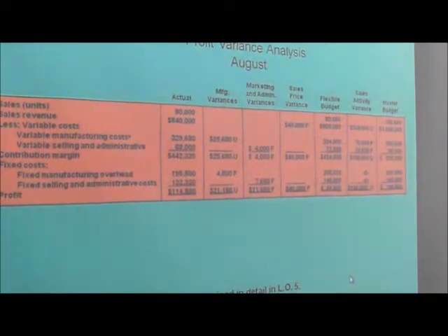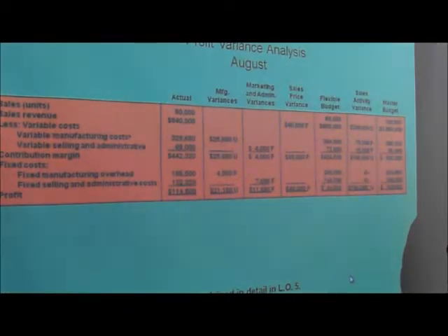Now, our manufacturing cost, and again, we're going to break that down. What's variable manufacturing going to consist of, by the way? What would be the ingredients in variable manufacturing? Direct materials, direct labor, and variable overhead.